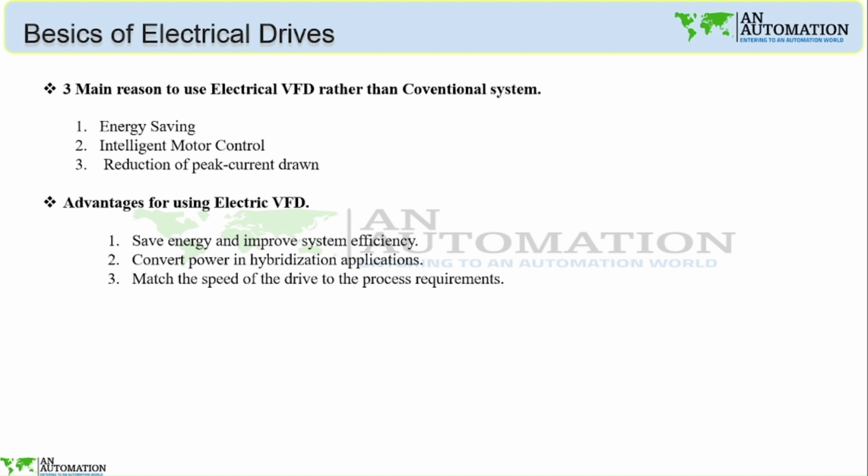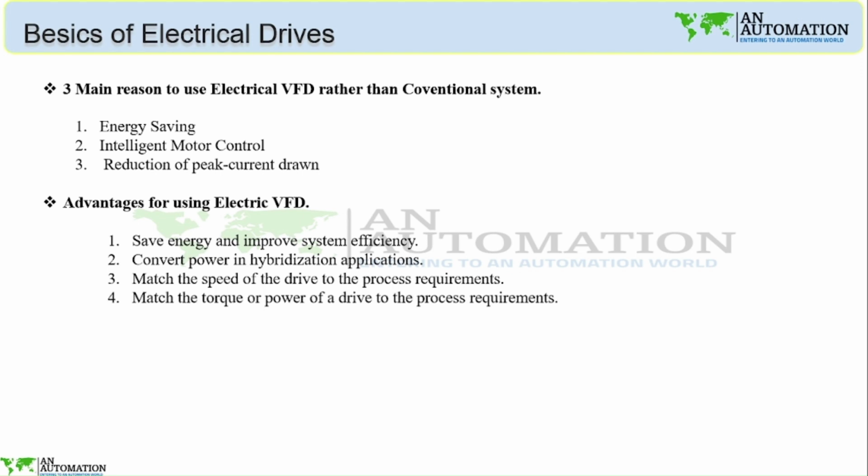Suppose we need an unconventional rpm, let's suppose we take 1335, so we can get the desired output speed by the VFD, which we can't get from the DOL starter or any other starters. So matching the speed of the drive to the process requirement is very easy in the modern VFD system.